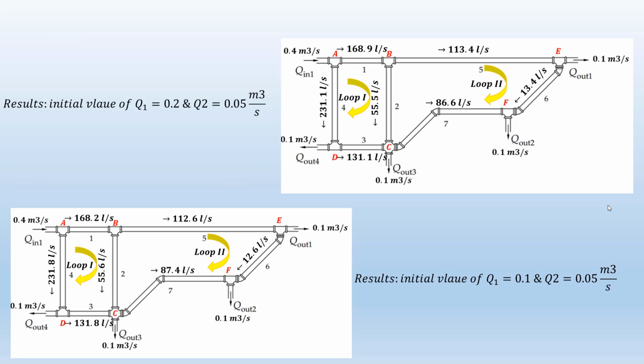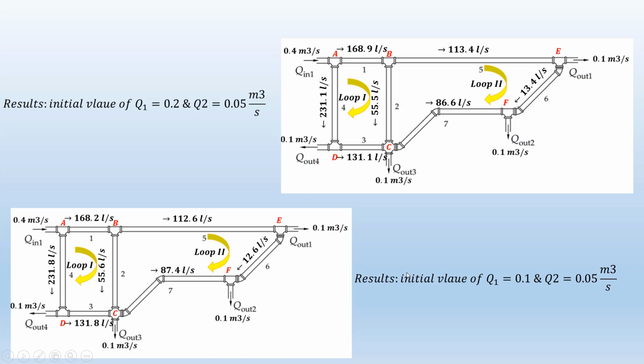Okay, so here is a comparison between the results for two different initial values. Correct. So if you compare the values, guys, you can see that they are pretty close. For example, for pipe 1, when you start with 0.2 cubic meter per second, the Q1 is 168.9 liter per second.